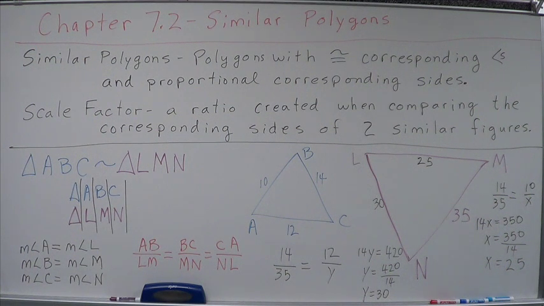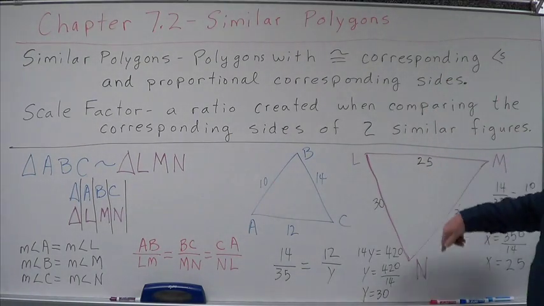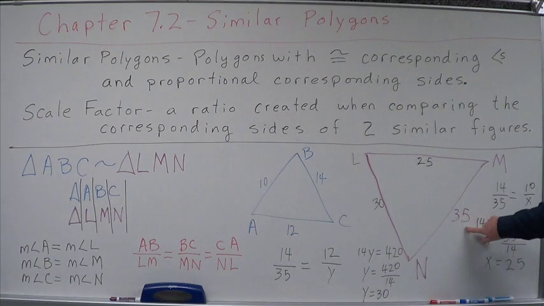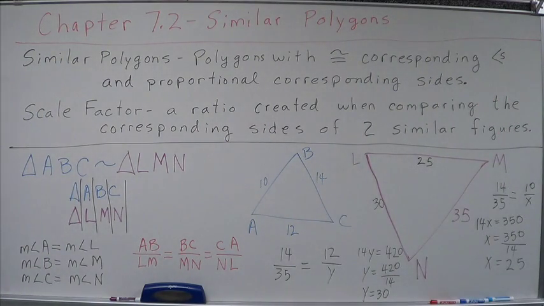Let's get these right. LM goes with this: the 10 goes with the 25, the 14 goes with the 35, and the 12 goes with the 30.